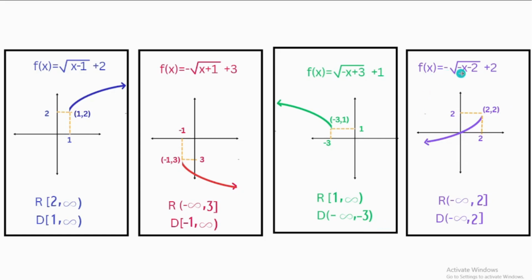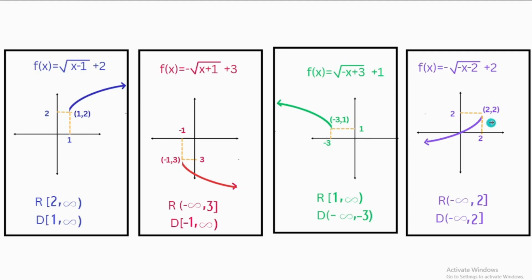If there are 2 negatives, it will be drawn in the third quadrant. This shift is the opposite sign, it's 2, and the same sign 2, so it shifted 2 in the x-axis and 2 in the y-axis.